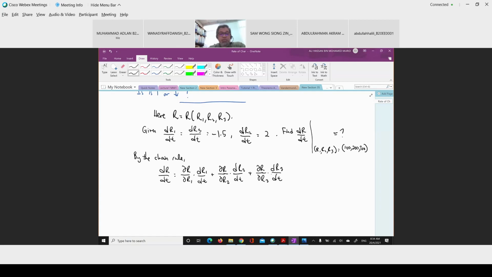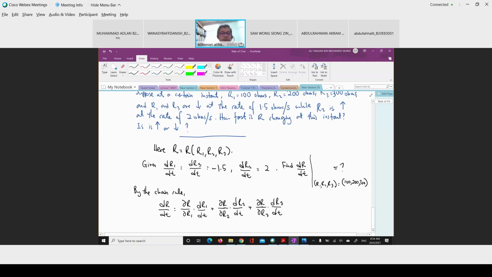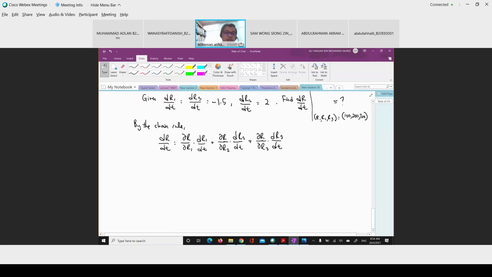Now, how to find these partial derivatives? You are given 1 over R equal to 1 over R1 plus 1 over R2 plus 1 over R3.